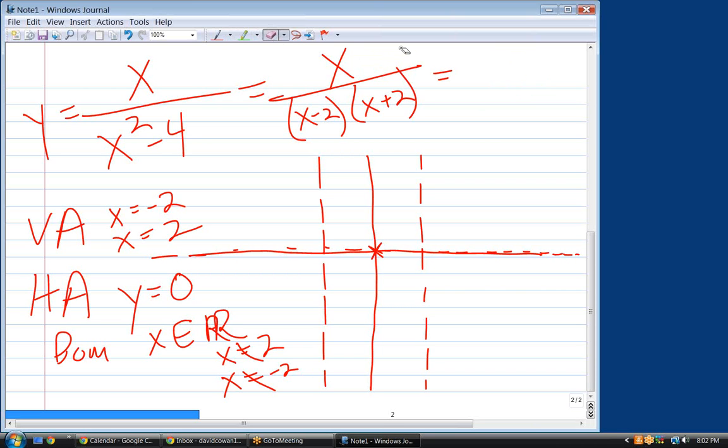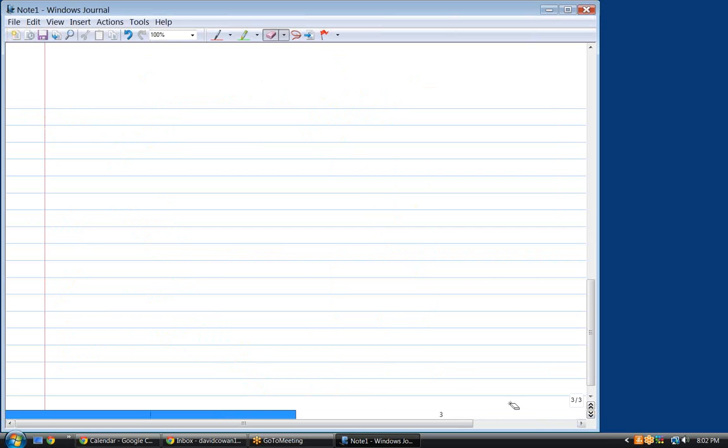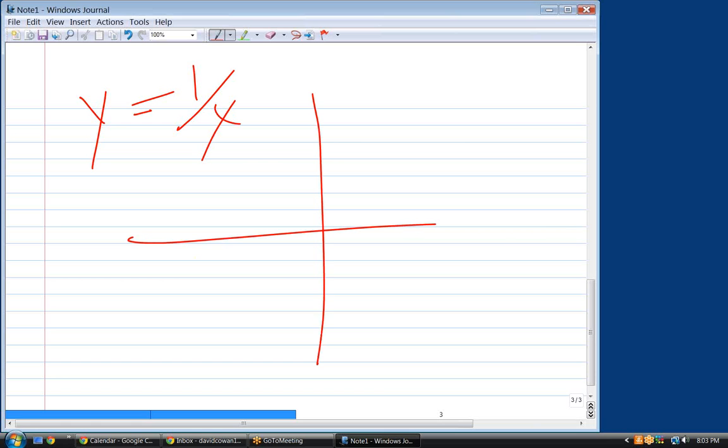Yeah. Okay. This is hyperbolic in nature. Okay? Hyperbolic means the following. If I wanted to graph y equals 1 over x, notice that that also has a vertical asymptote going right through the y-axis, has a horizontal asymptote.